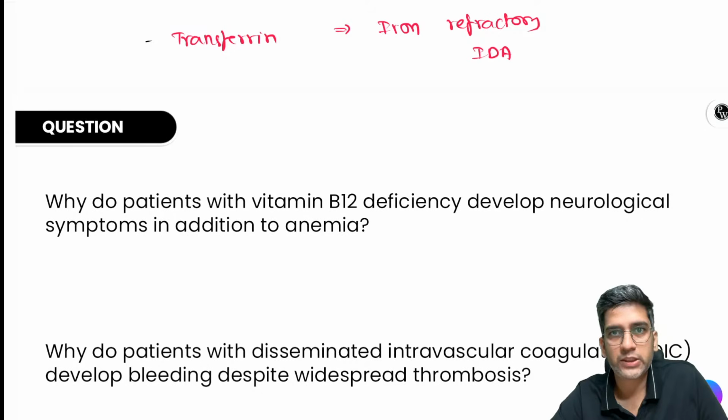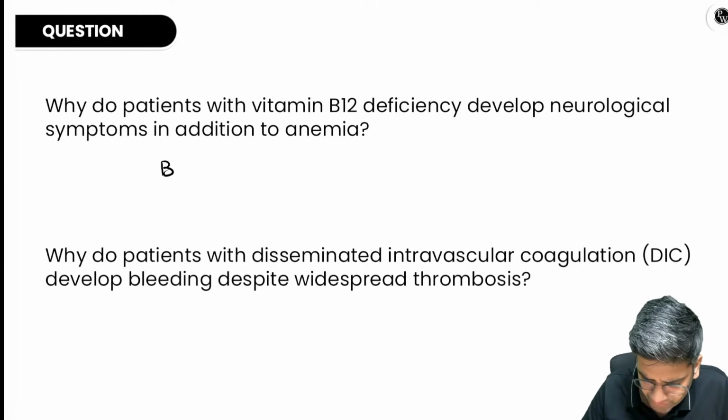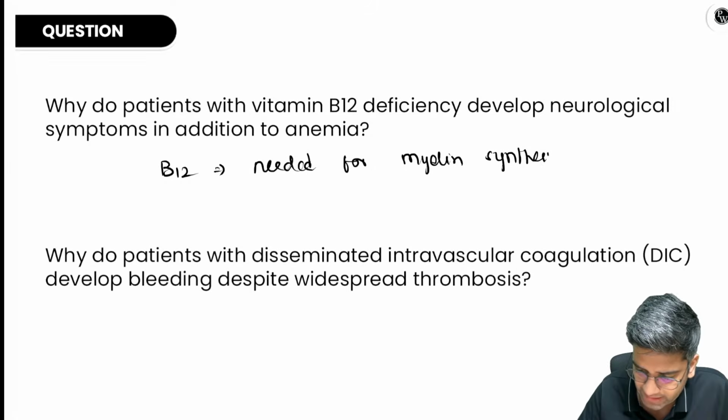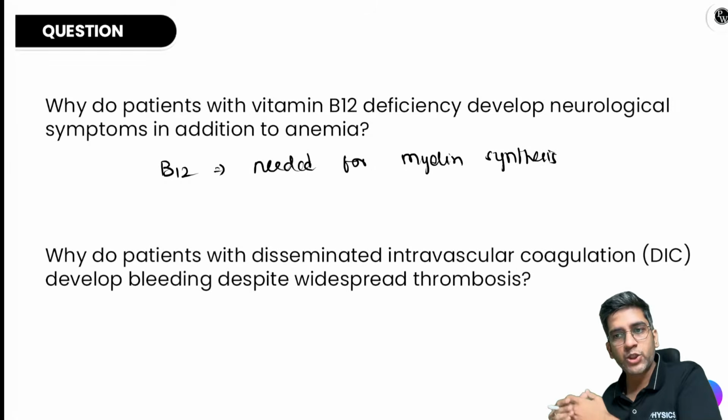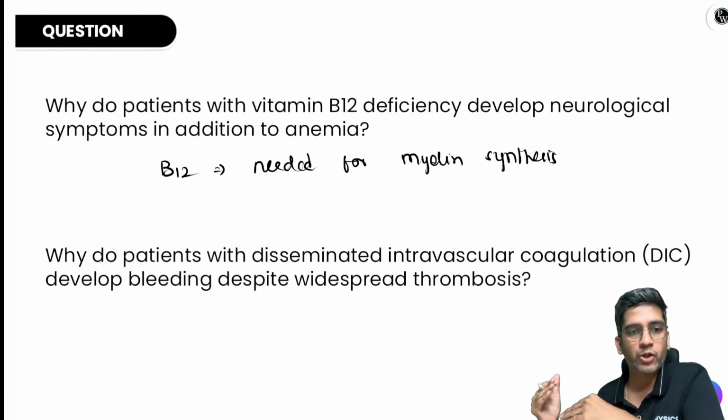This is a simple one because B12 is very important for sphingomyelin or myelin synthesis. Once myelin is less, obviously demyelination happens, which results in that. That's the reason patients with B12 deficiency develop neurological symptoms.